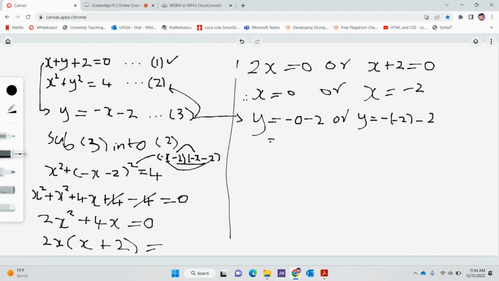So y will be equals to minus 0 minus 2, which is minus 2, or y will be equals to minus minus 2 is plus 2, minus 2 is a 0. All right.